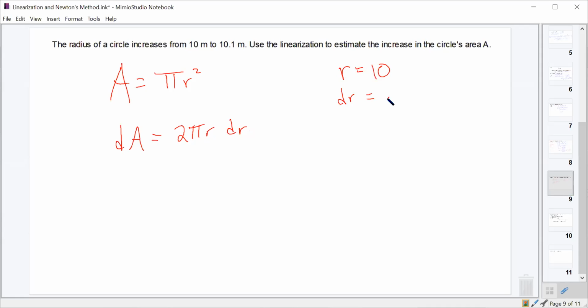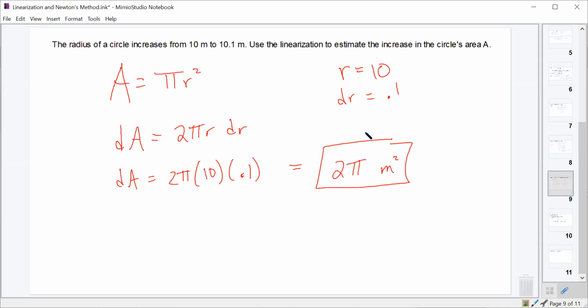Our change is 0.1. And so all we do is plug it in. The change in the area ought to be 2 pi times 10 times 0.1, which gives us 2 pi. About a change of 2 pi meters squared. Don't forget the units if there's units that should be attached to it. Any questions or issues with that?